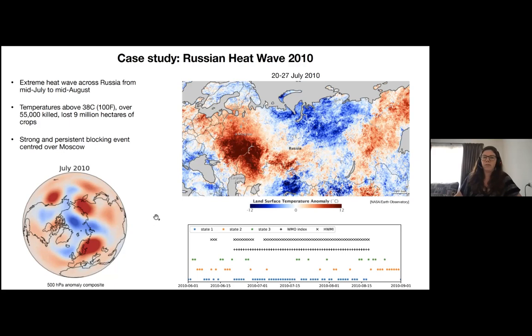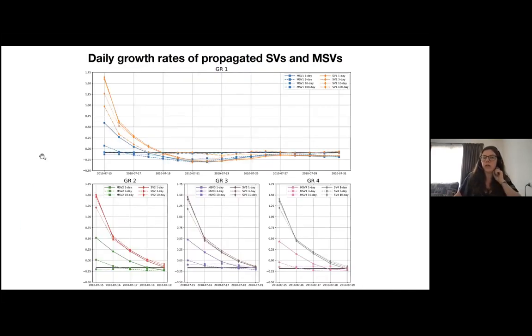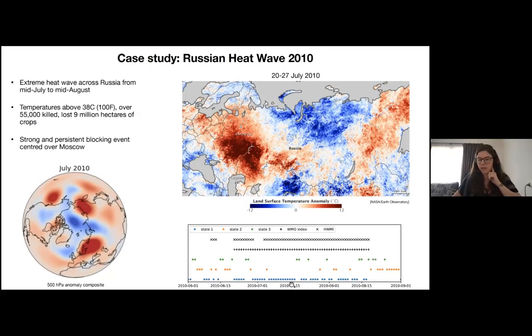So what we did here is we took the SVs and MSVs at a day in the middle of the heat wave, so back here at more or less the 15th of July, more or less in the center after the heat wave was basically established.